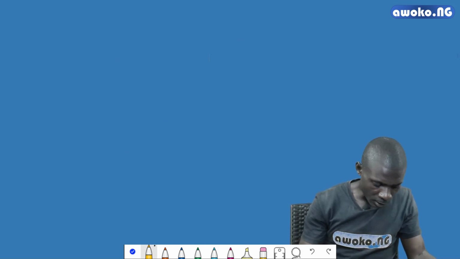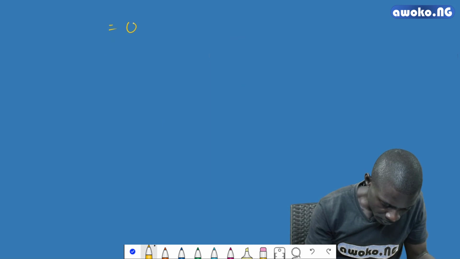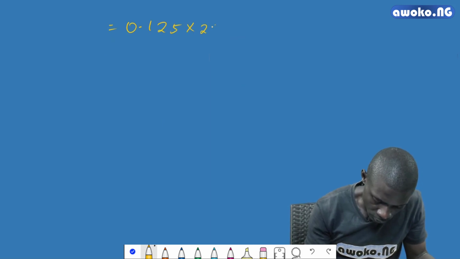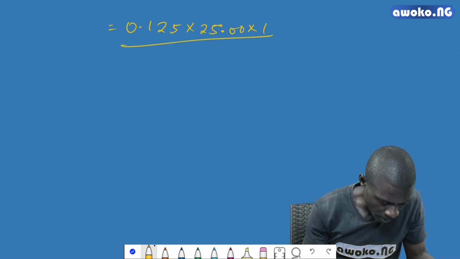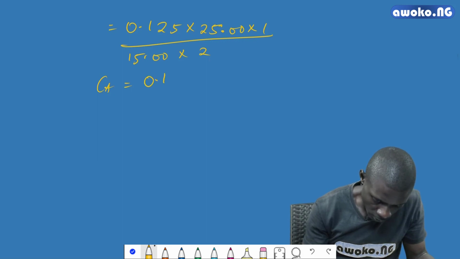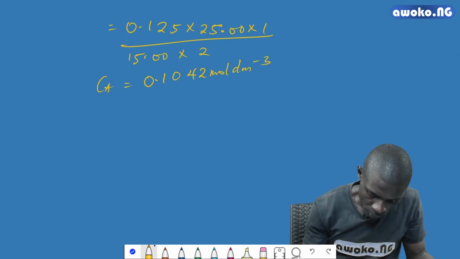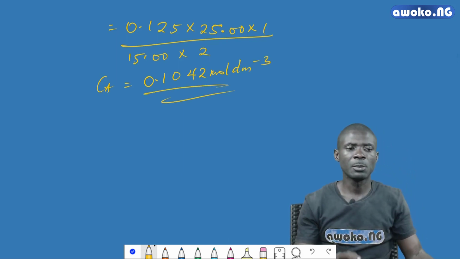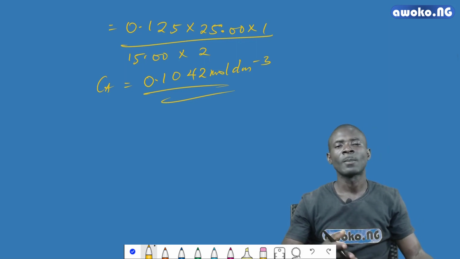So with that we have 0.125 times 25.00 multiplied by 1, divided by 15.00 multiplied by 2. So our Ca will give us 0.1042 mole per dm cube. So that is the molar concentration of the acid.